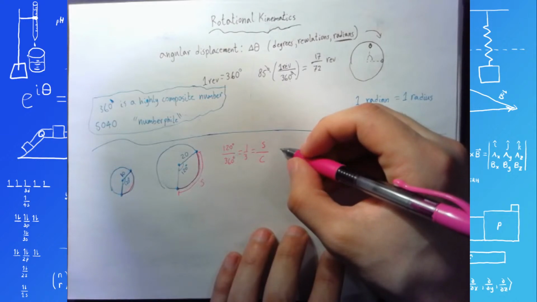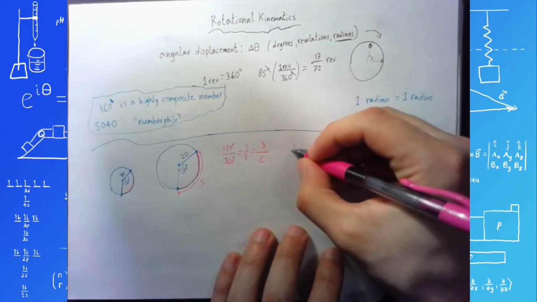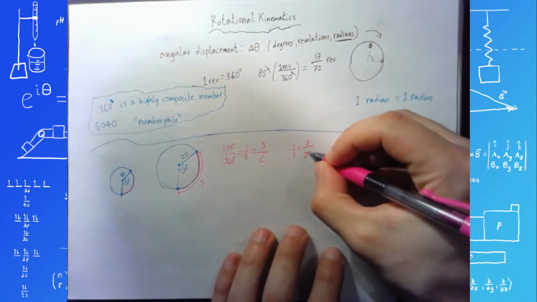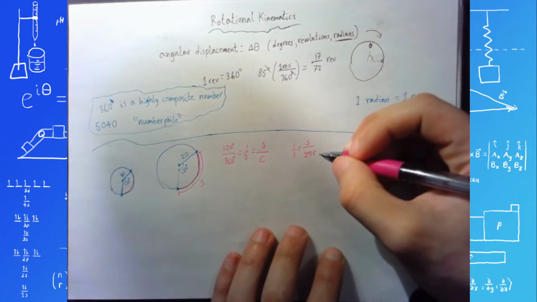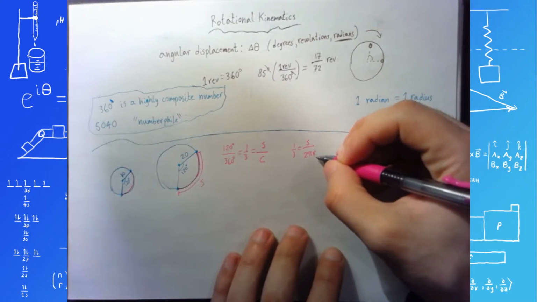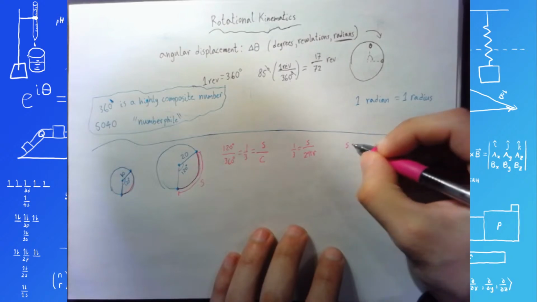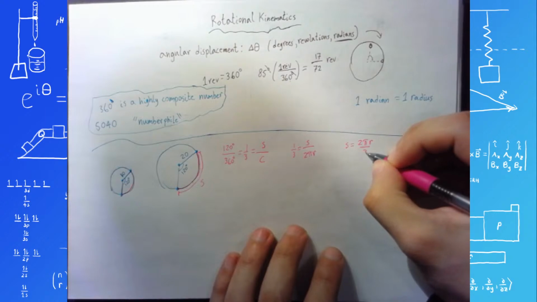So we can say then that 1/3 equals S over 2 pi r, and then if I multiply the 2 pi r over to the left hand side, then I get S equals 2 pi r over 3.